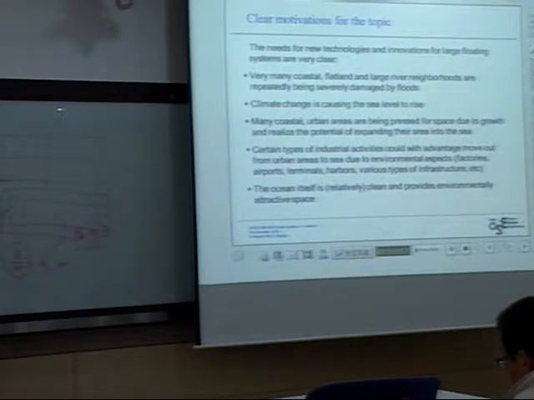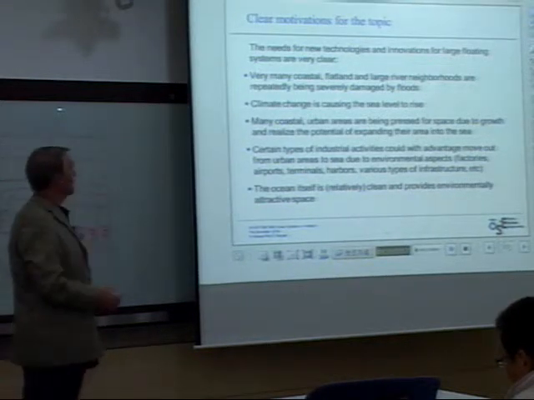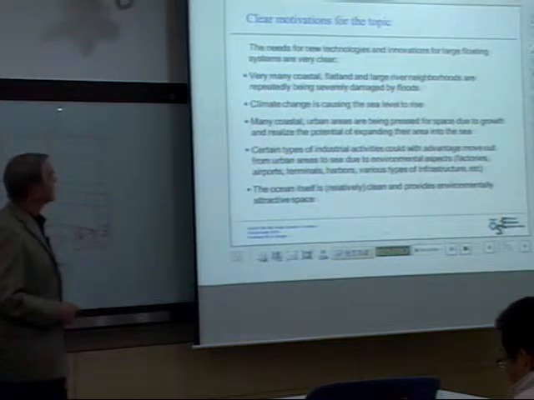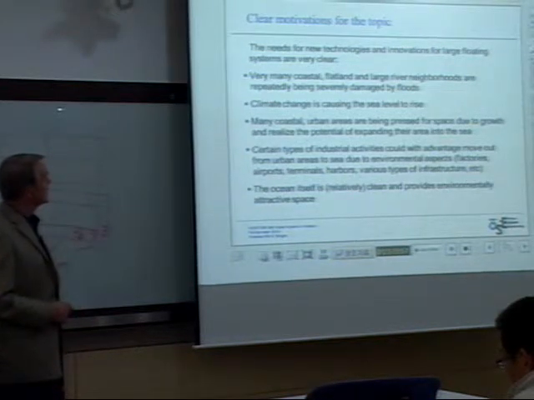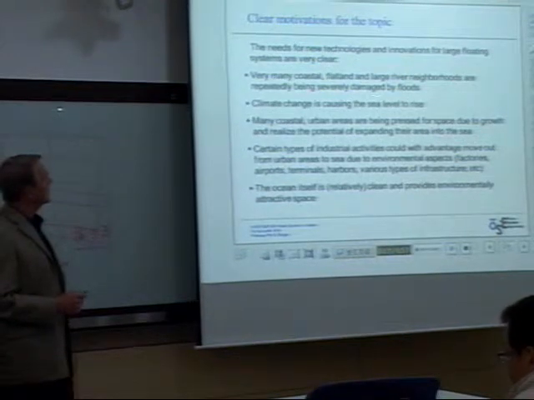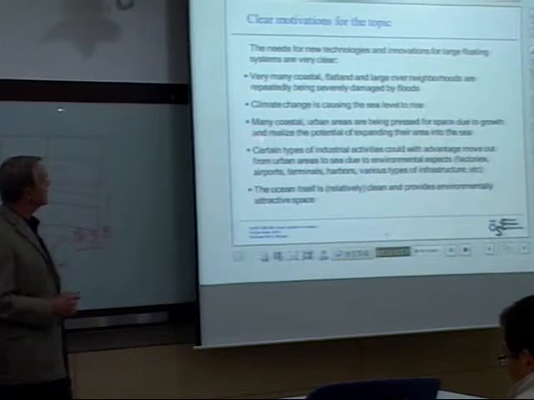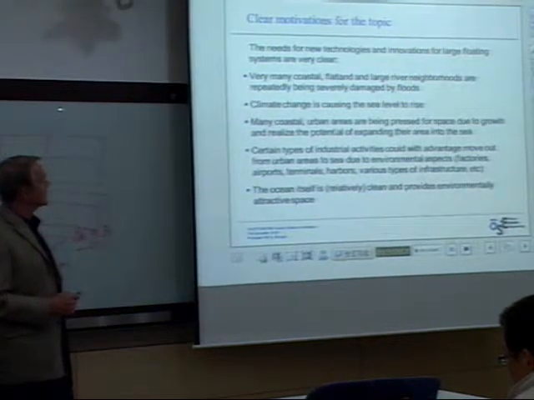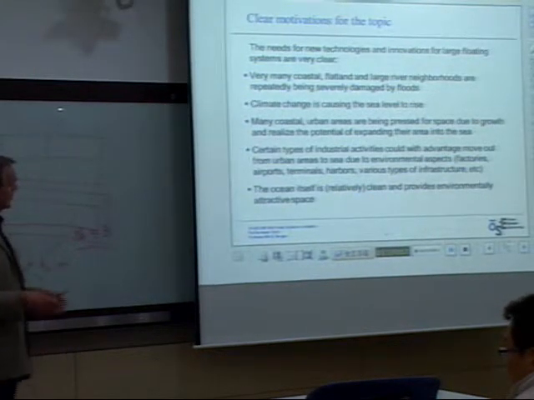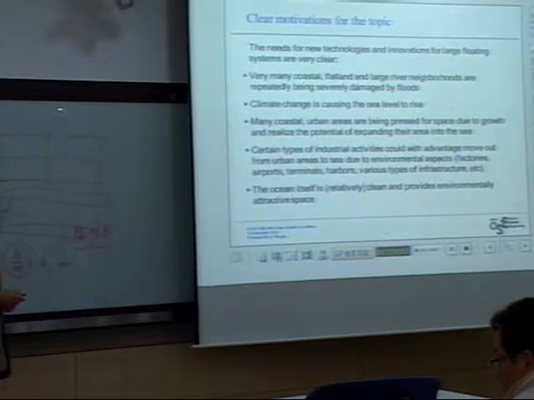So we talked also the last time about motivation for building things out into the sea. So we have the problem with floods, climate change and rising sea level, and urban pressure that would like to see growth maybe in new areas, like using the sea.